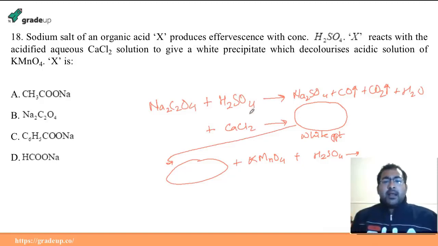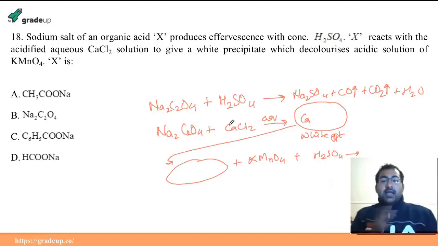Now again, if I react this organic acid salt with an acidified aqueous solution of CaCl2, I should get a white precipitate. So here I do get a white precipitate.